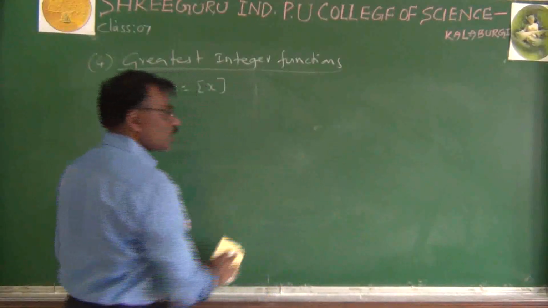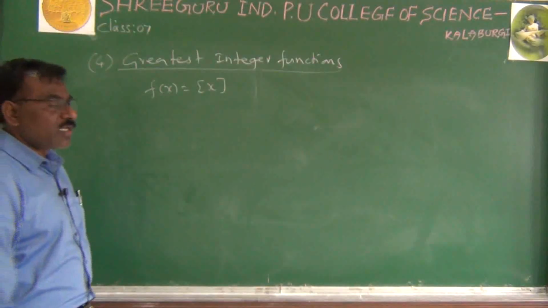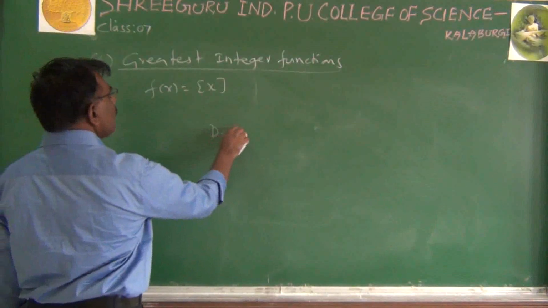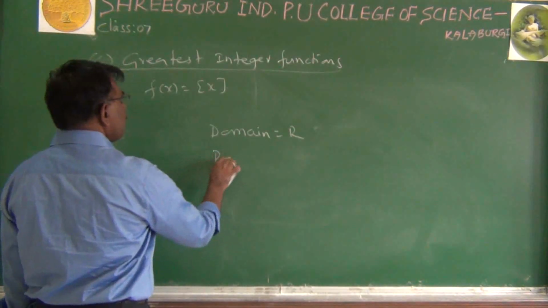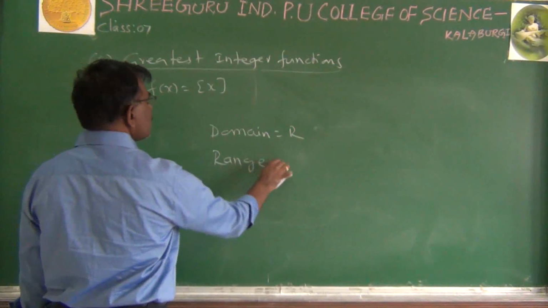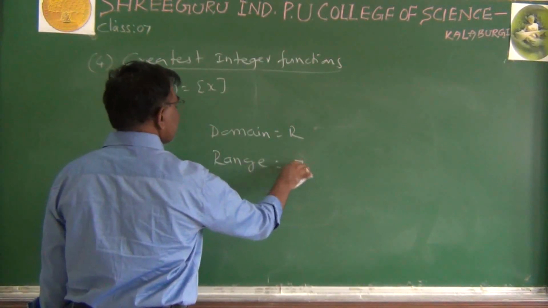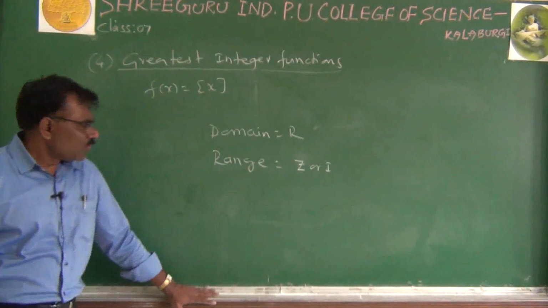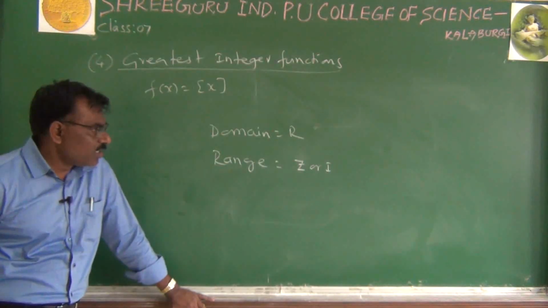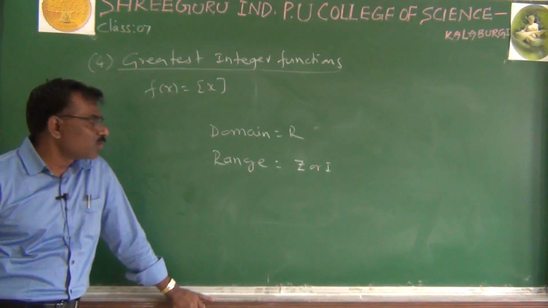And you will tell me what is the domain? Domain is real number. And you will tell me what is the range? Range is called integer, or I. Domain is not equal to range, I think both are not equal.